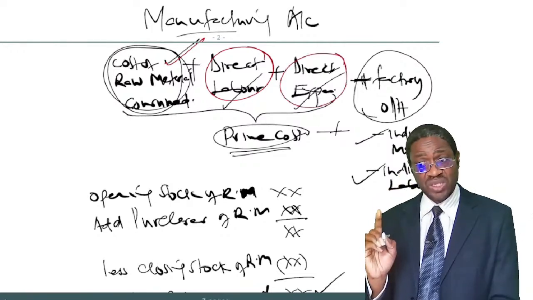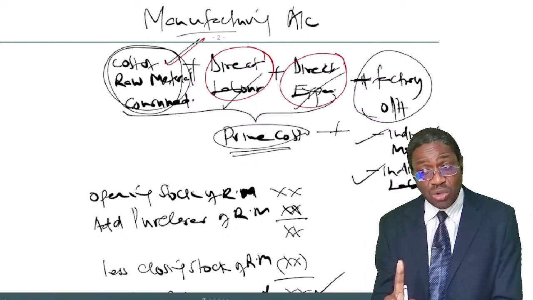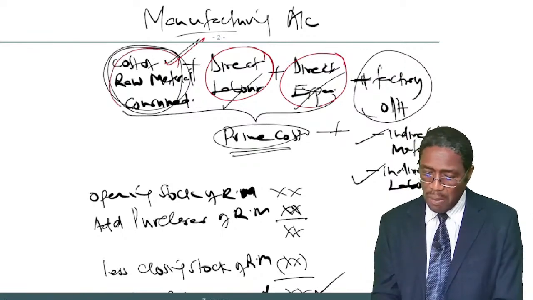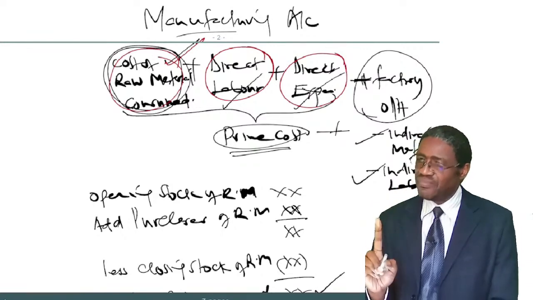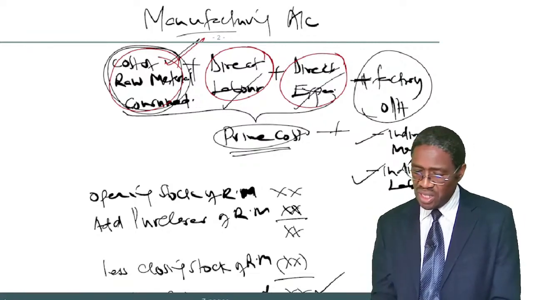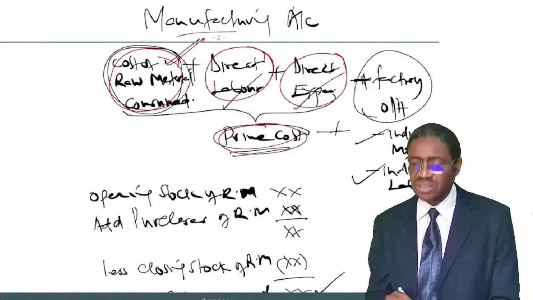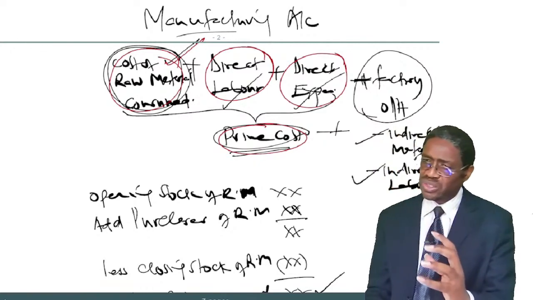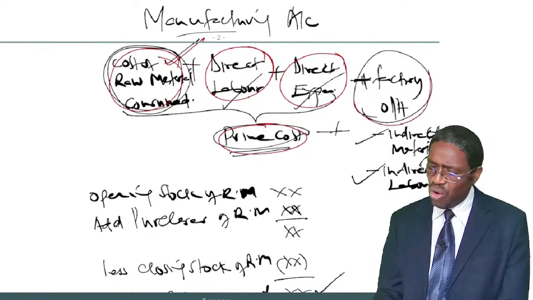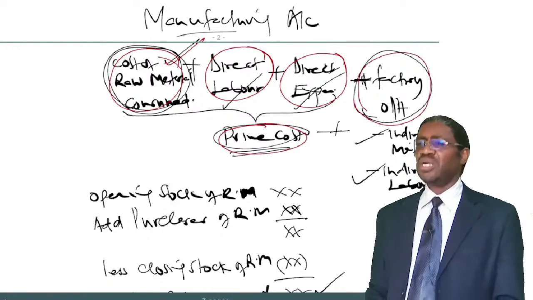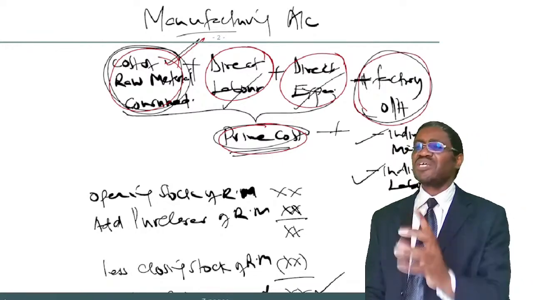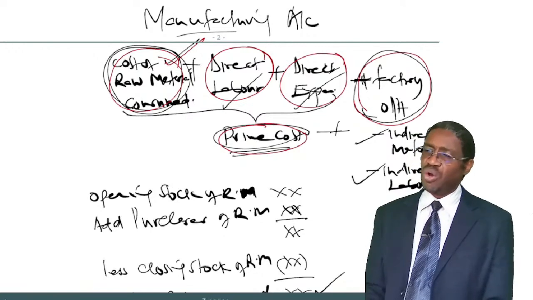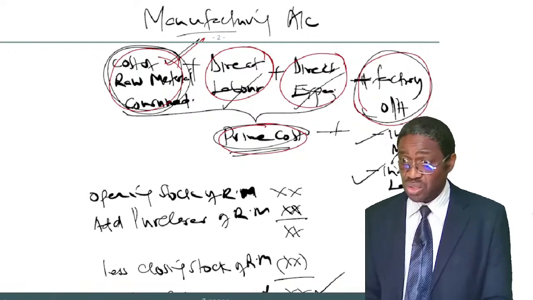I hope you are following. Once you take the cost of raw materials consumed plus direct labor plus direct expense, you get what we call prime cost. Once you get the prime cost, add all the other factory overheads. Whatever you get is what we call the production cost.